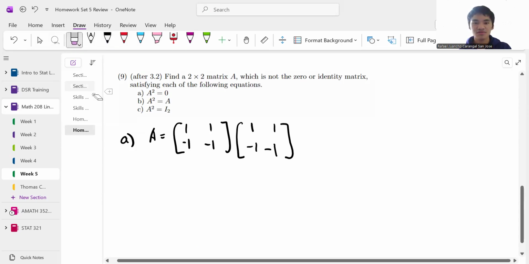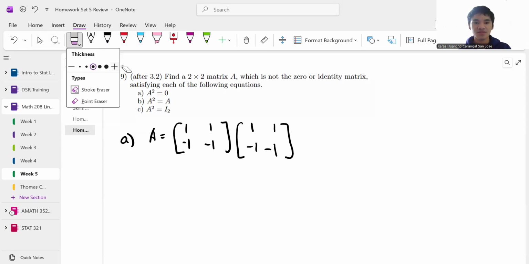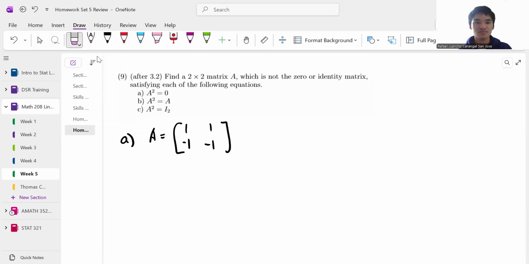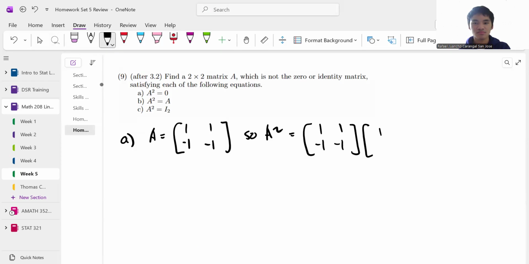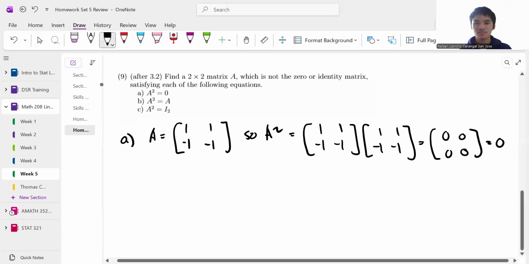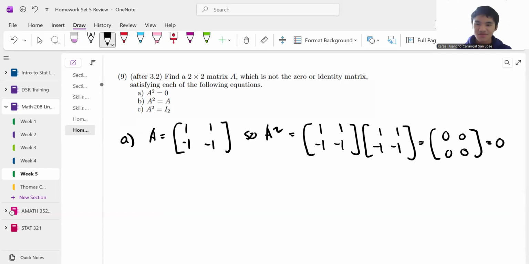Then I keep going. 1. Yeah. So A has to be this one. So A squared is this. That would give me a 0, right? It's from practice.